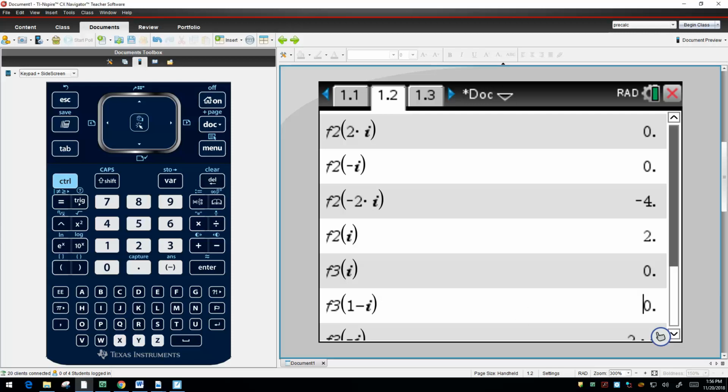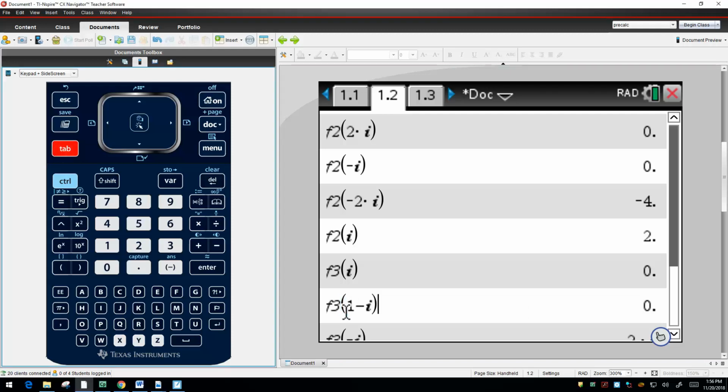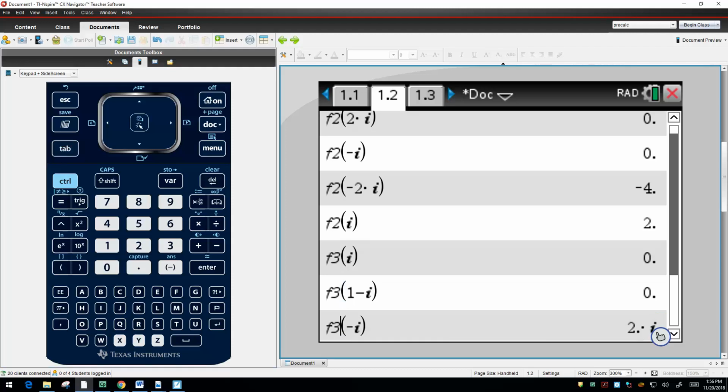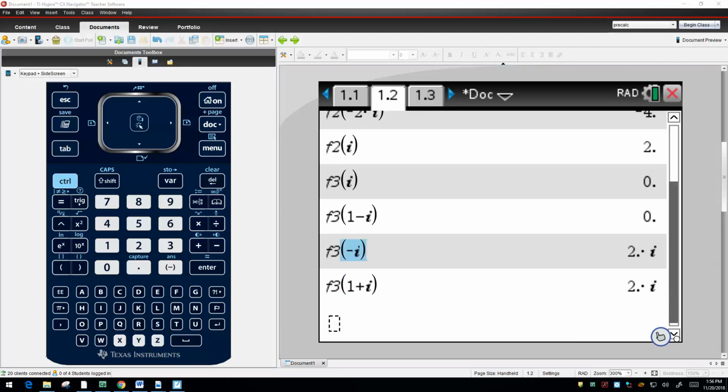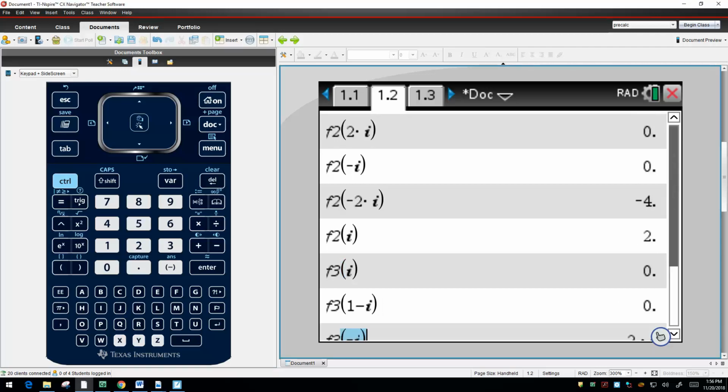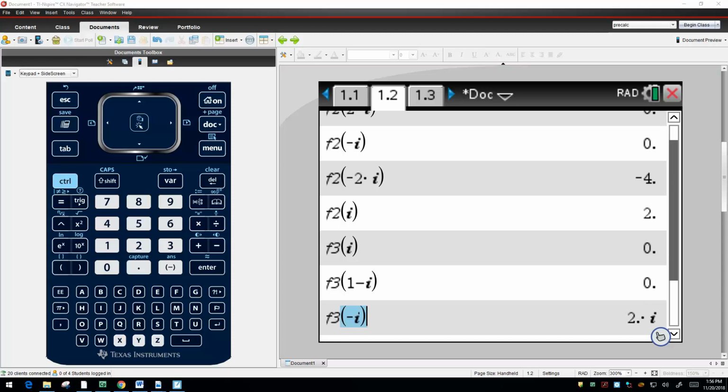Now, when I keep going down and I plug in the conjugate, I am not getting a 0.